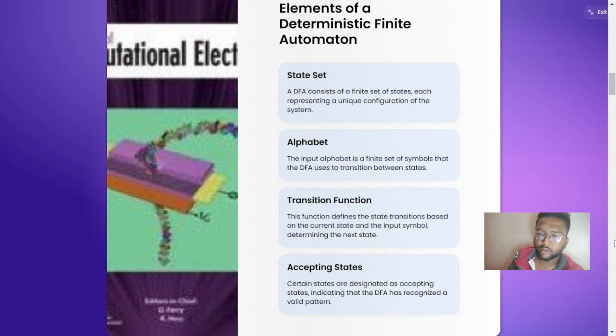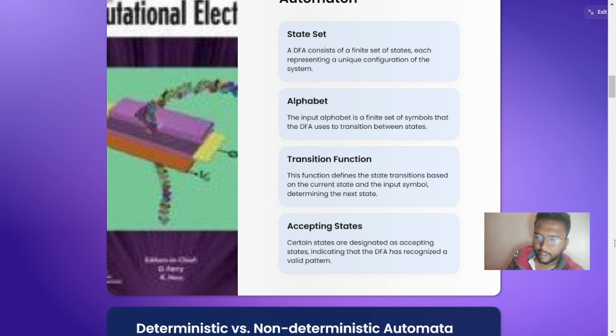Each state has a unique configuration in the DFA. Alphabet: the input alphabet is a finite set of symbols that the DFA uses to transition between states. So the alphabet is a finite set of symbols which the DFA uses to transition between the two states.